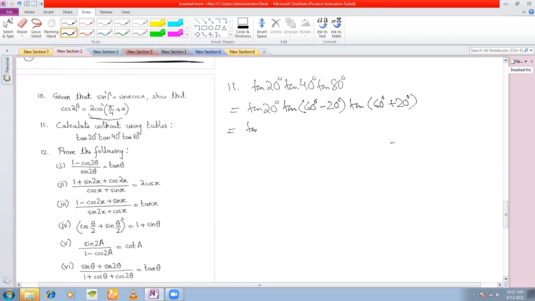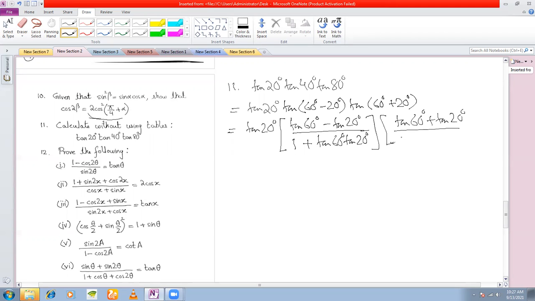So now this is tan 20 degrees, and from the compound angle formula, you can write this as tan 60 minus tan 20 divided by 1 plus tan 60 into tan 20. And here, compound angle formula again, tan 60 degree plus tan 20 degree divided by 1 minus tan 60 degree tan 20 degree.